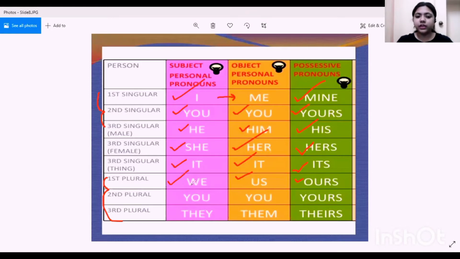Second person plural, I already told you, you is you only for first person and second person both, right? So this is just the same. Then third person we use they. There are no different categories for male and female in plural because everybody can be included in that. So they is used for subject, and then for object them is used, and theirs is used for possessive.